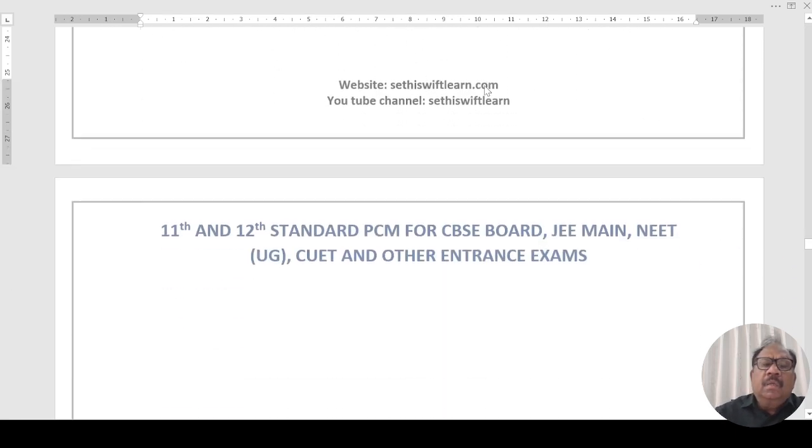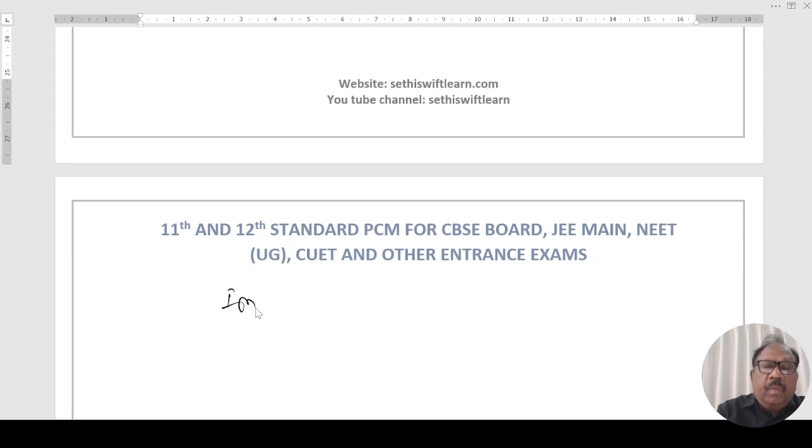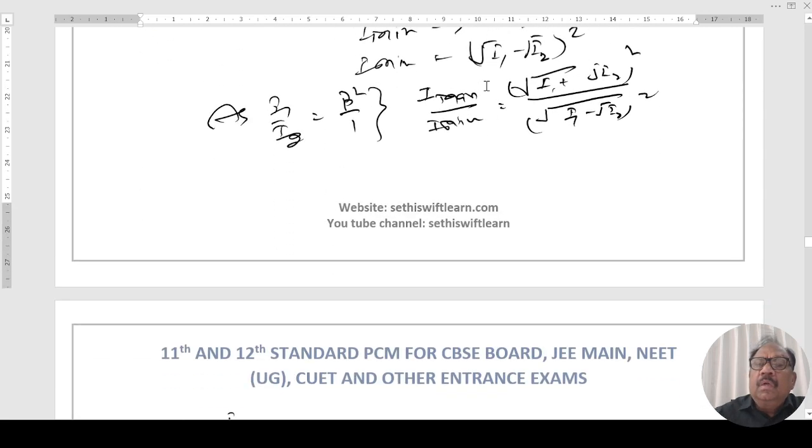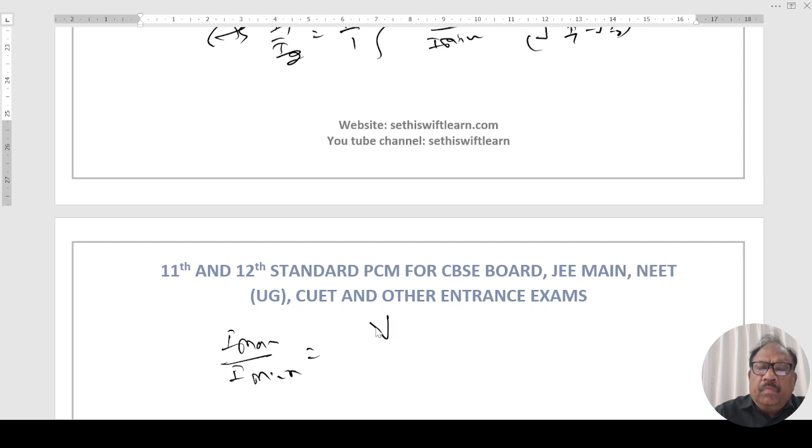Then I maximum upon I minimum will be equal to, taking root I2 common, root I1 over root I2 plus 1 whole square upon root I1 over root I2 minus 1 whole square.